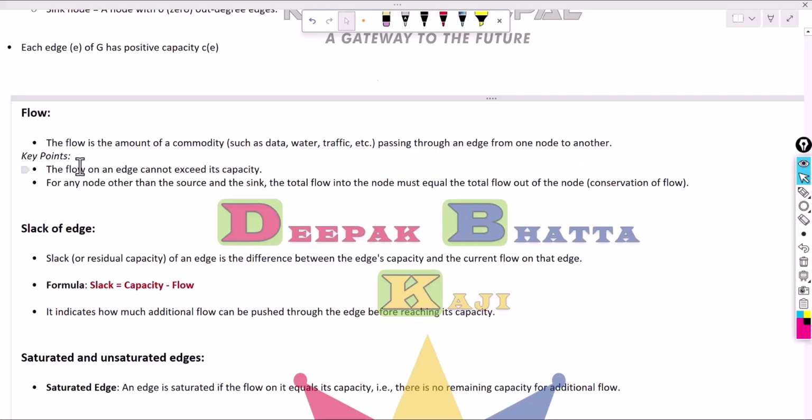Key points to remember for the flow definition: the flow on an edge cannot exceed its capacity. For any node other than the source and the sink, the total flow into the node must equal the total flow out of the node. So it tells that our flow on an edge cannot exceed its capacity.